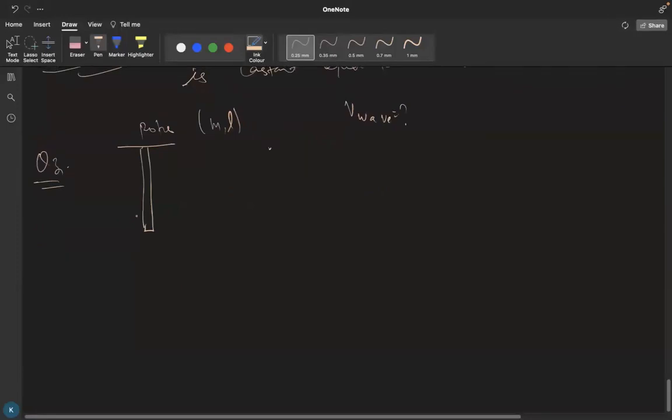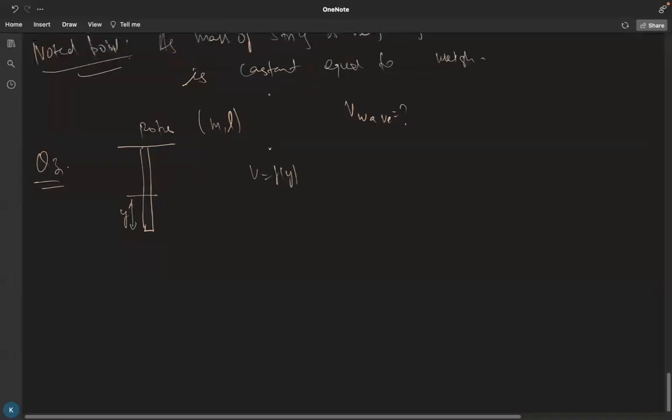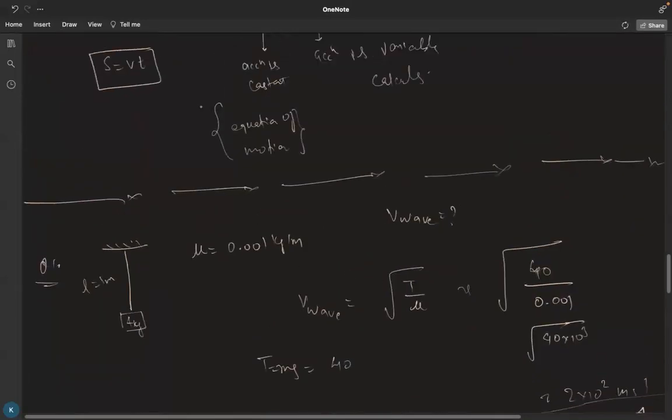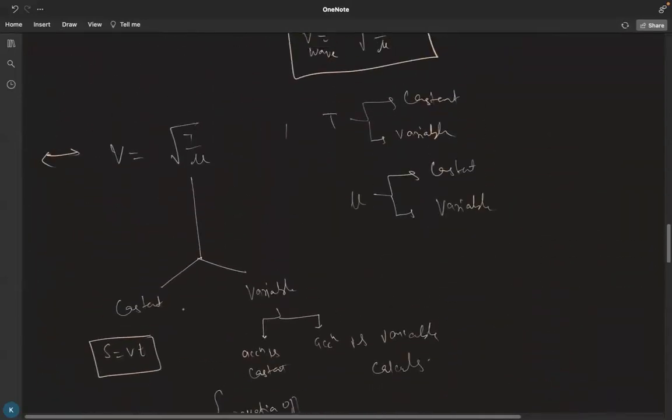There is a way. If I take a distance y, we have to find the velocity as a function of y, because in the above mentioned two cases we get a constant velocity, so we are able to apply the formula s is equal to vt.